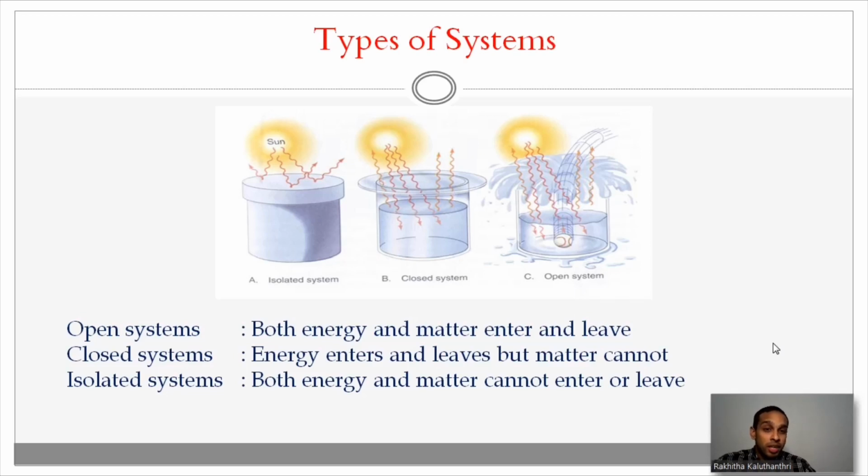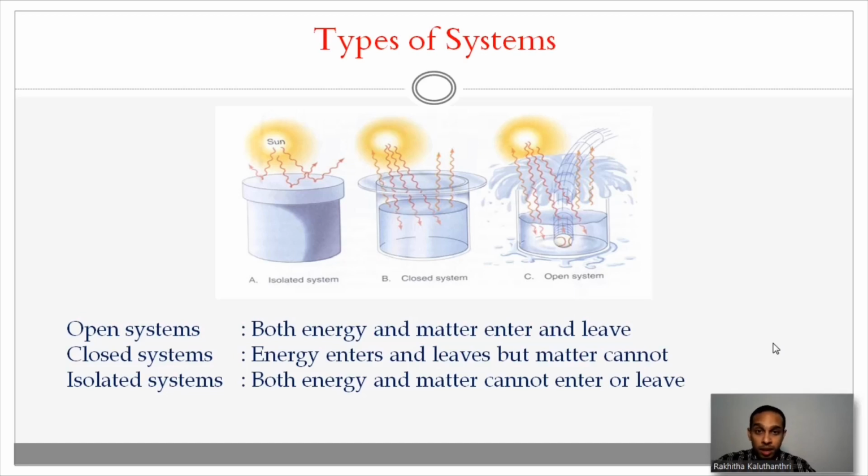So it allows both energy and matter to be exchanged. That's what I tried to show, like a ball falling into the beaker and water splashing out. It allows material to come in and go out, and at the same time energy to come in and go out.